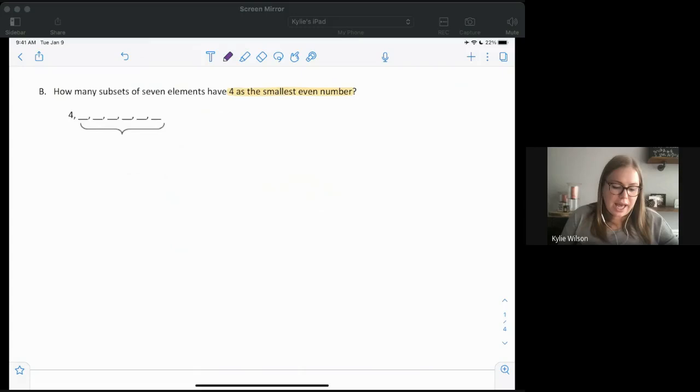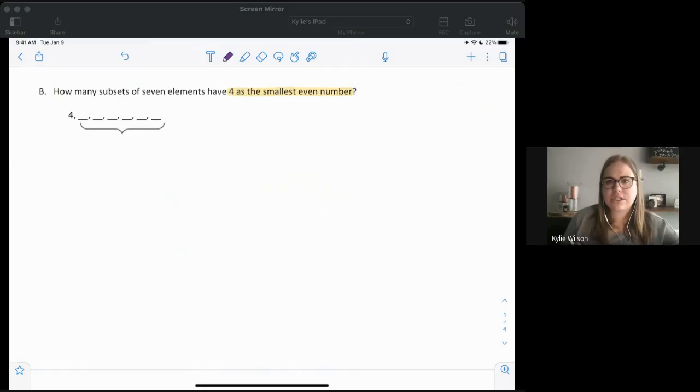This does not mean that order matters. We're just trying to ensure that 4 is our smallest even number. So it just helps us to orient ourselves and keep 4 as the smallest even number, not accidentally count something we shouldn't have. So what we'll do is we'll put 4 here at the front just to ensure it's our smallest one.